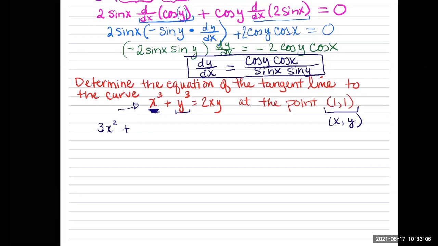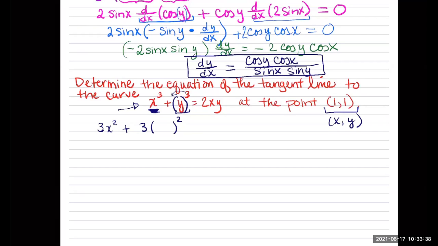Okay, so remember, every time that you take the derivative of a function with a y in it, think of it like this. If it helps you, put parentheses around the y. So the y is the inside function, right? And raising it to the third power is the outside function. So it's just like your homework for today. When we take that derivative, we start by taking the derivative of the outside function. So we drop that down, decrease the exponent by 1.